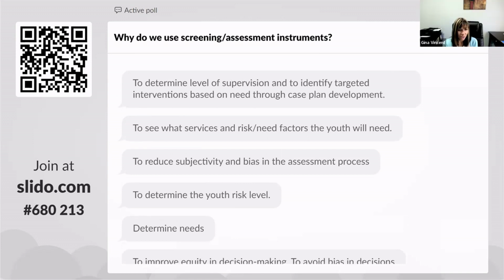Level of supervision and targeted interventions. Good. Very, very good. All right, I'll move us on, but just one quick thing. What I'm not seeing, and that might be just because we're going more general here, is to establish whether someone's eligible for a drug court.